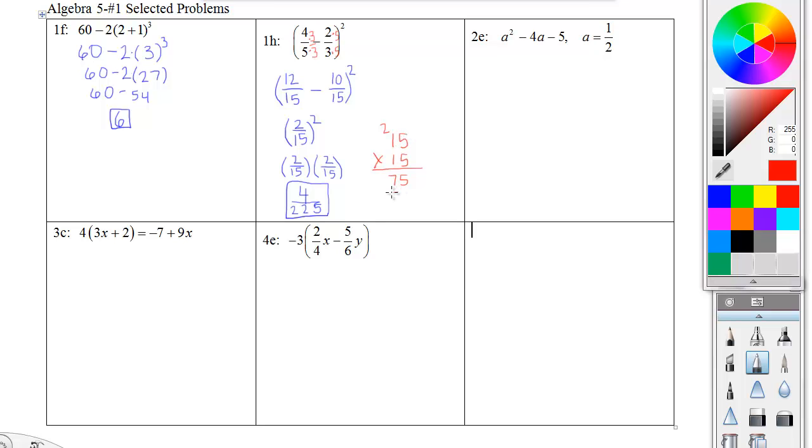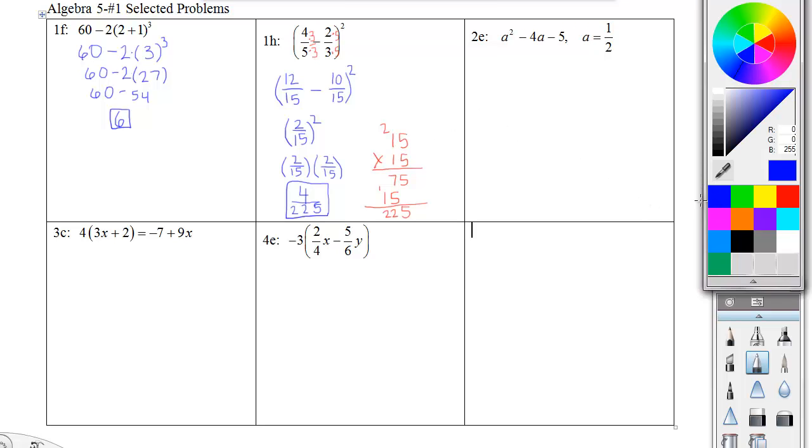Then 1 times 5 is 5, and 1 times 1 is 1. Add those together. 5 comes down. 7 plus 5 is 12. Carry a 1, it is 225. So in case you didn't know 15 times 15 is 225, you should be able to figure it out quickly enough.